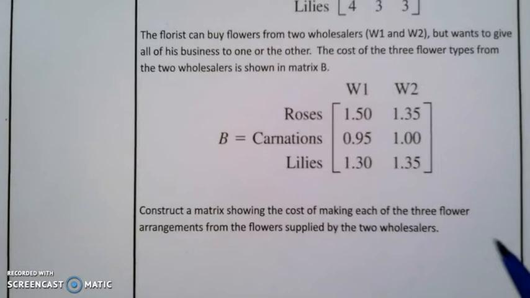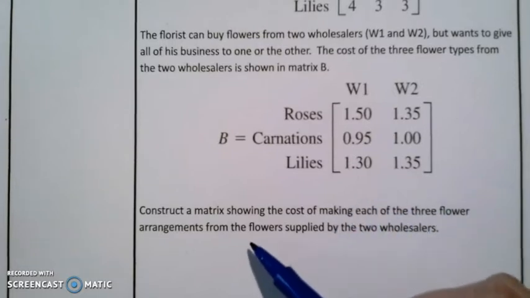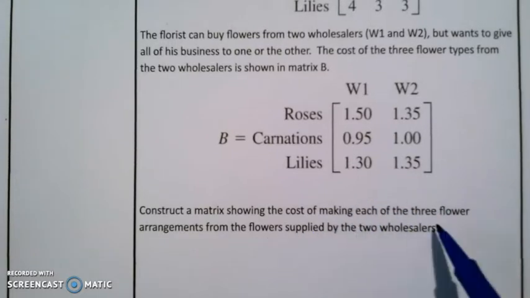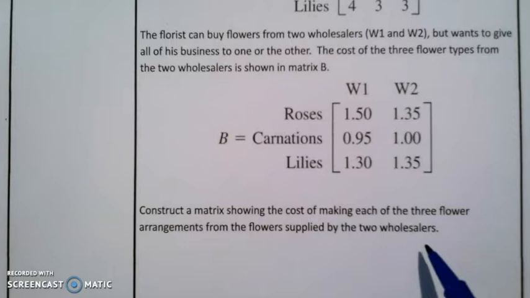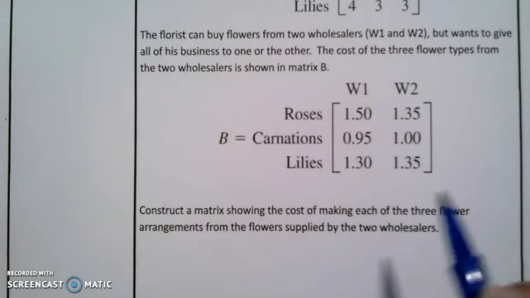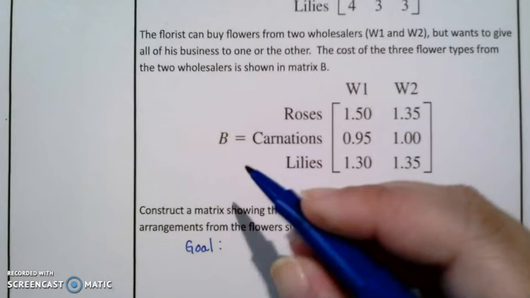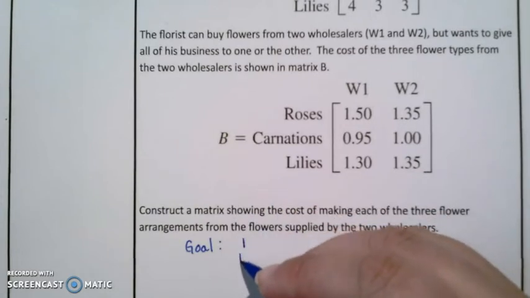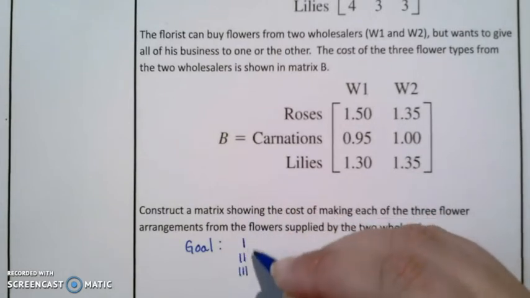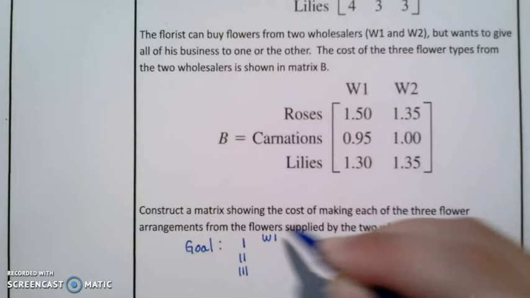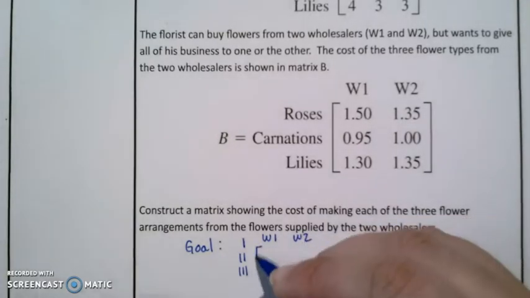So what we want to know is the cost of making each of the flower arrangements from each of the wholesalers. So our goal is to have arrangement 1, 2, and 3 from wholesaler 1 and wholesaler 2.